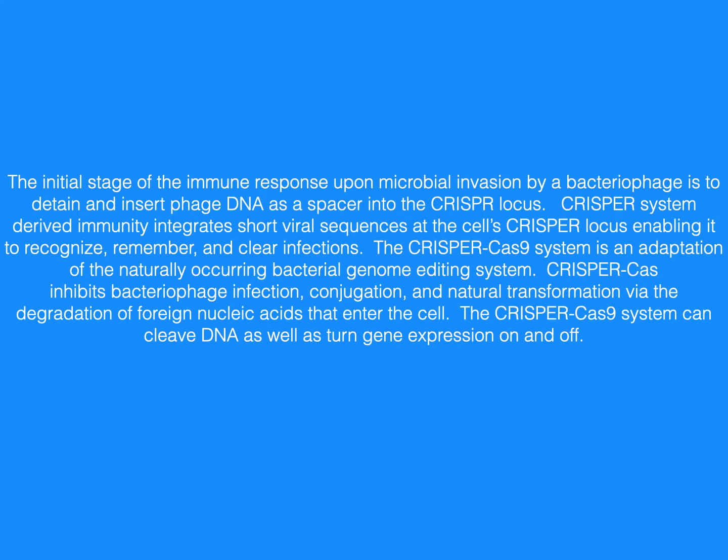The CRISPR-Cas9 system is an adaptation of the naturally occurring bacterial genome editing system. CRISPR-Cas inhibits bacteriophage infection, conjugation, and natural transformation via the degradation of foreign nucleic acids that enter the cell. The CRISPR-Cas9 system can cleave DNA, as well as turn gene expression on and off.